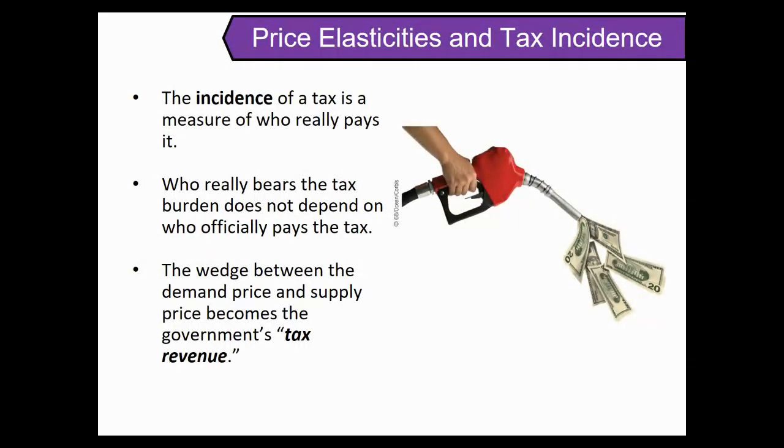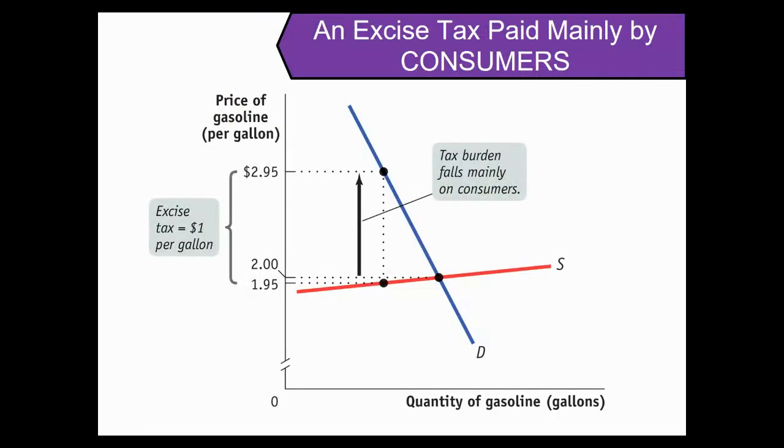So this incidence of taxes, this wedge that is created, is about who's really paying the taxes and where this tax revenue is going. If we take a look here at a tax wedge, the equilibrium price is at $2. But we can see the demand curve here is very inelastic, where the supply curve is very elastic.